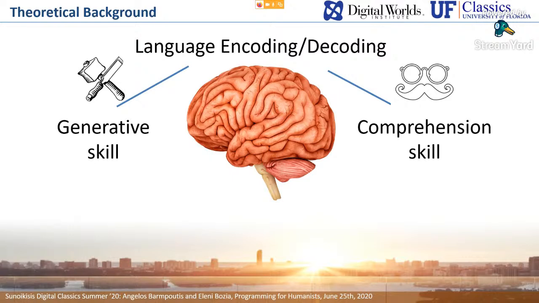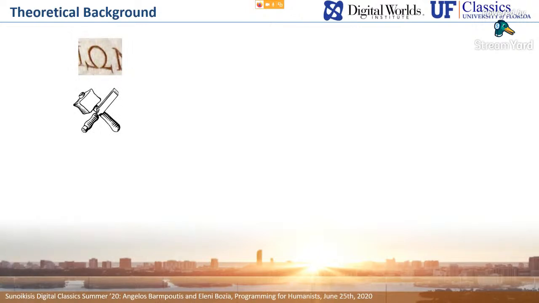For instance, reading for a beginner who learns a foreign language has been many times perceived as an easier skill than generating, in other words, composing a new text in this new language. Now, I will bring specific examples. For example, the generative skill is encoding a character. Let's say I'm going to inscribe this character. It doesn't matter how I will do that.